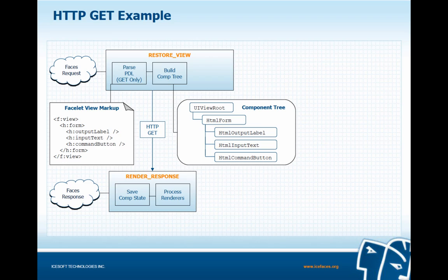We're then going to transition right to the render response phase, where the process renderer subphase commands the component tree to render itself as per the target client device, which in the majority of cases is a web browser. There then may be some state to save, and we render the response back to the client.